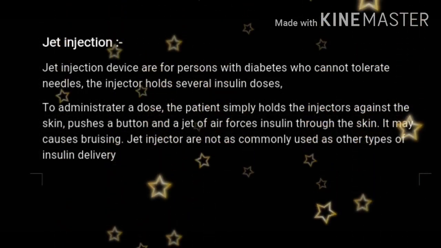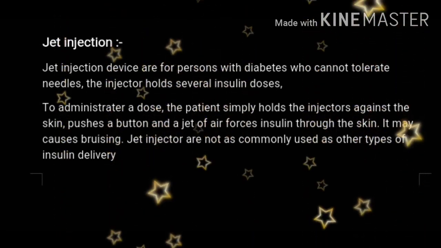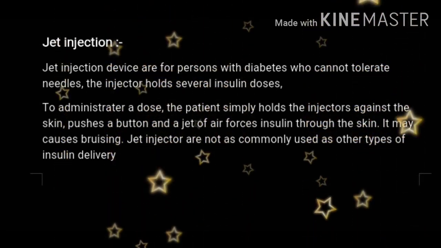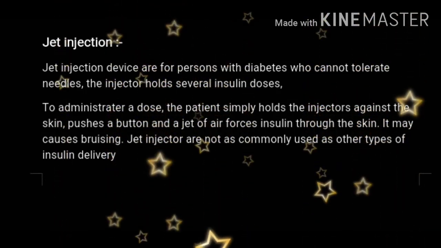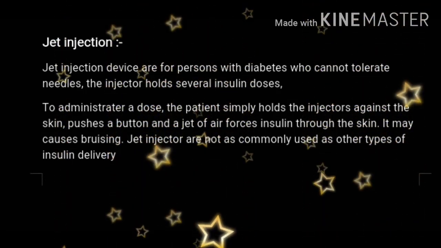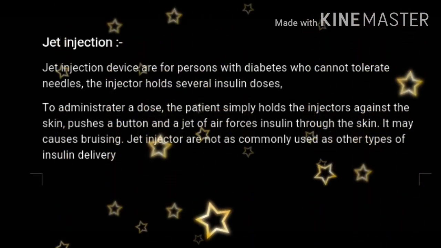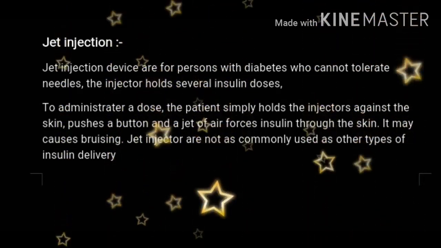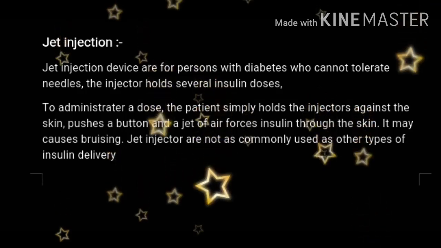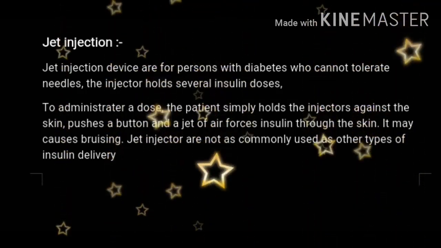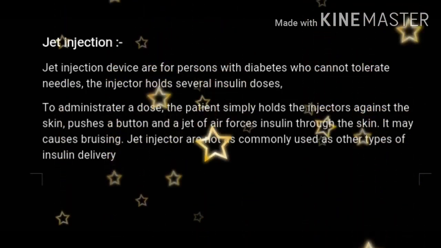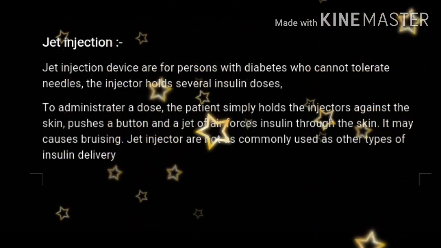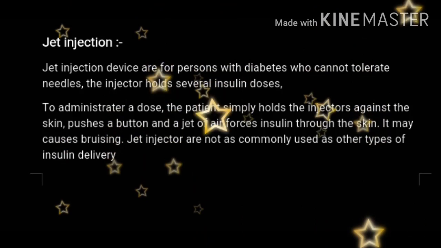Then fourth technique, jet injection. What is jet injection? Jet injection devices are for persons with diabetes who cannot tolerate needles. The jet injector holds several insulin doses. To administer a dose, the patient simply holds the injector against the skin, pushes a button, and a jet of air forces insulin through the skin.